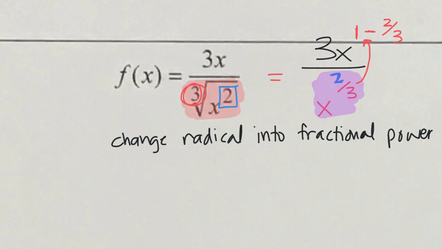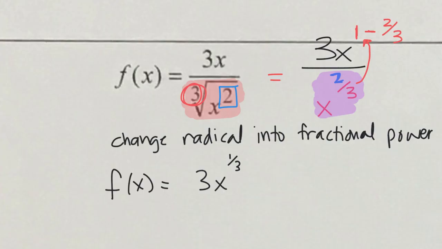There's always a 1 there, even though it's never written. So 3x to the 1st power minus 2/3 would be x to the 1/3 power. Okay, which is a much nicer looking thing to take a derivative of: 3x to the 1/3 power.